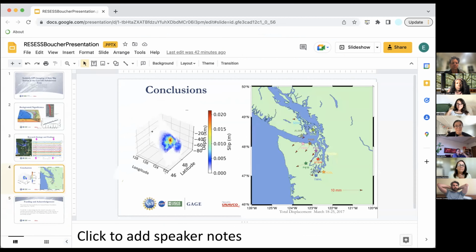This is a model of the subducting slab. It's showing where the most slip is occurring. So, 2 centimeters at this depth. So we're seeing which area of the slab is experiencing the most slip during the days of March 18th through 25th.